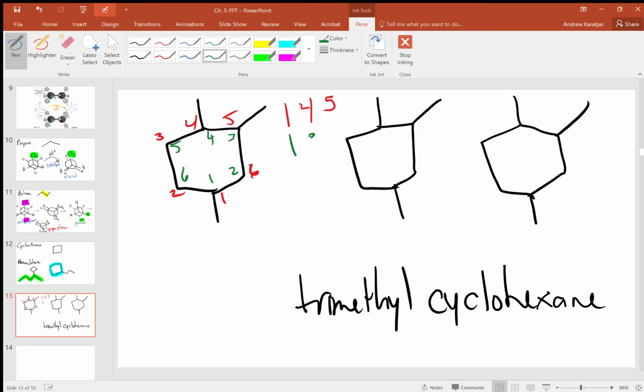That gives us 1, 3, and 4. So already we can see that our green numbers there are better than the red ones. All right, we could also start up here and go this direction. That gives us 1, 3, and 6. So definitely not better than the green.